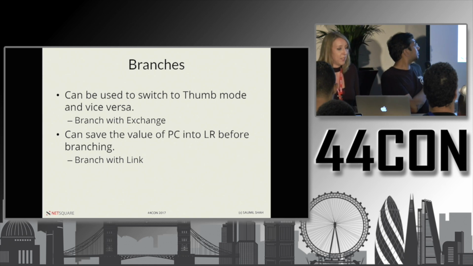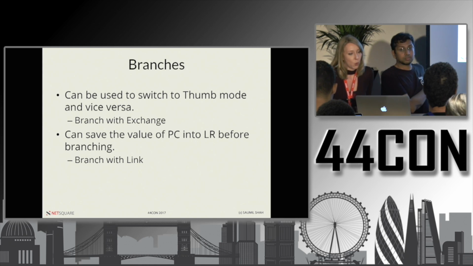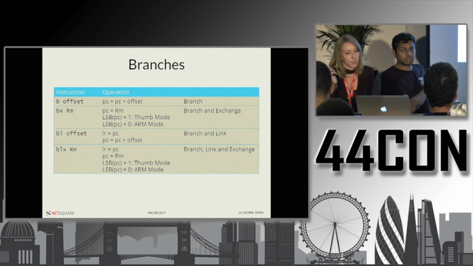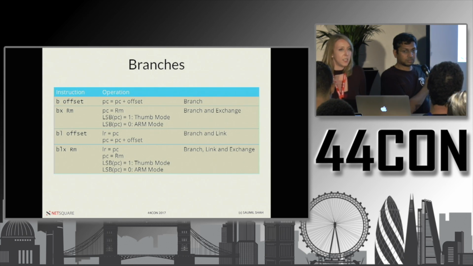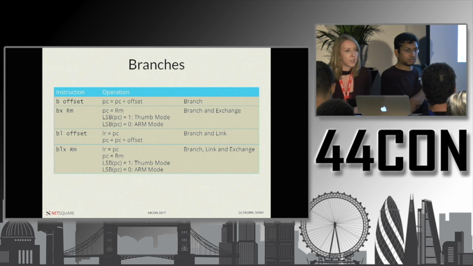Saumil already mentioned branches. So we have 4 different kinds of branches. We have a very simple branch where you just branch to a specific offset, where we just branch to PC plus offset. Then we have BX, branch and exchange. This is when we actually want to exchange our modes, basically.